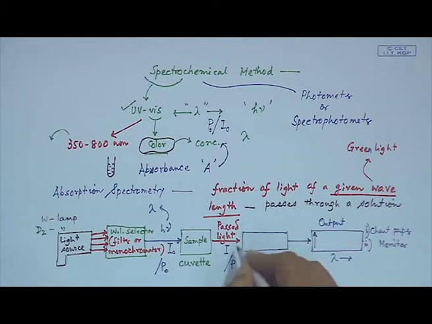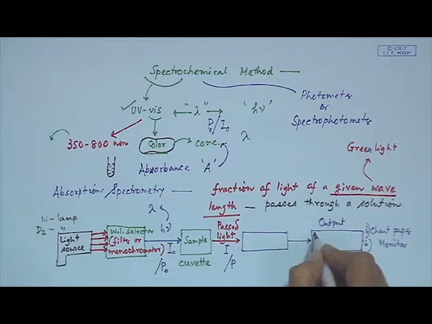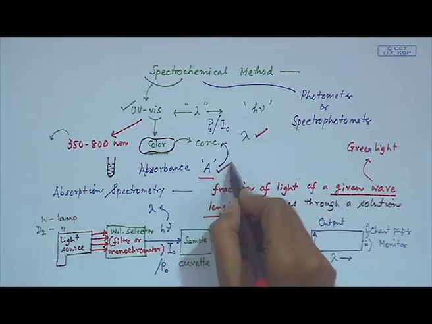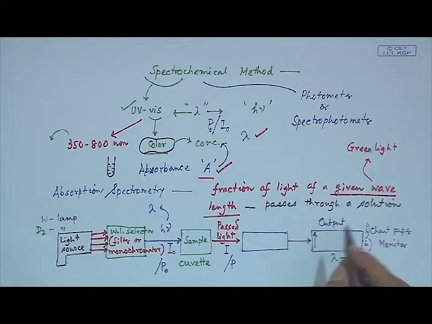This is the corresponding electronics, where the ratio of the power, or sometimes its logarithmic fraction, can be utilized for the direct plot if we want to plot A. So, these are the two things: the lambda in one axis and A in another axis.